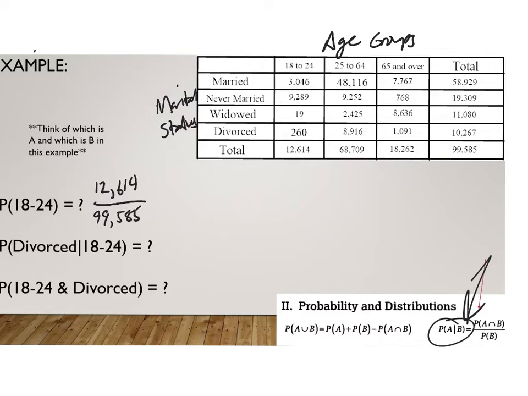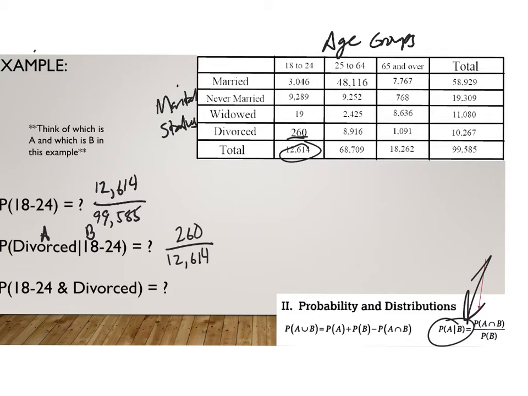So I'm going to say that divorced is A and 18 to 24 is B, just for the sake of keeping that straight for future reference. So divorced, given that you are 18 to 24. Given that you're 18 to 24, now the 12,614 is in the denominator, and divorced in that group is 260. So that's 260.